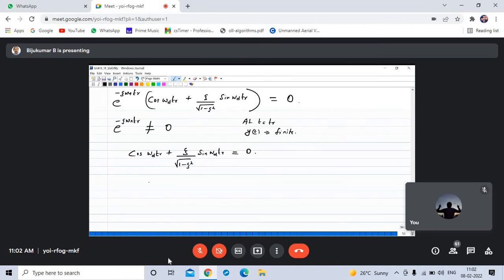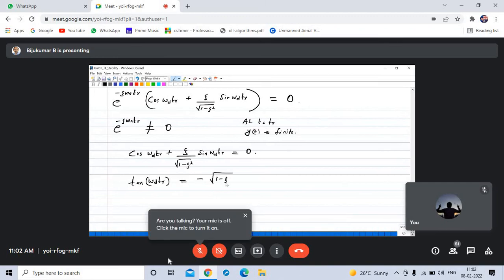Right? So if we solve this, you will get tan omega d tr is equal to minus root of 1 minus zeta square divided by zeta, correct?